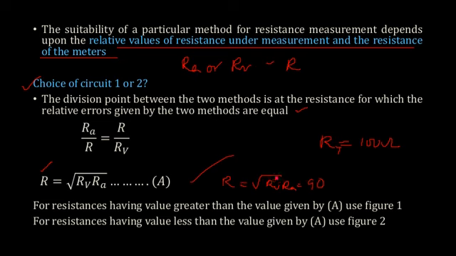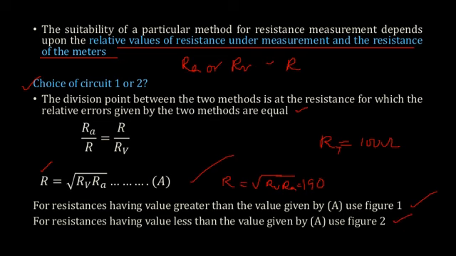You know the values of internal resistances of the voltmeter and ammeter, so you get the value of 90. So in such a case, you can go for figure 1. And if instead of 90 you are getting, say, 190 for the square root of RV into RA, then the true value is less than this value. So in such a case, you can go for figure number 2.